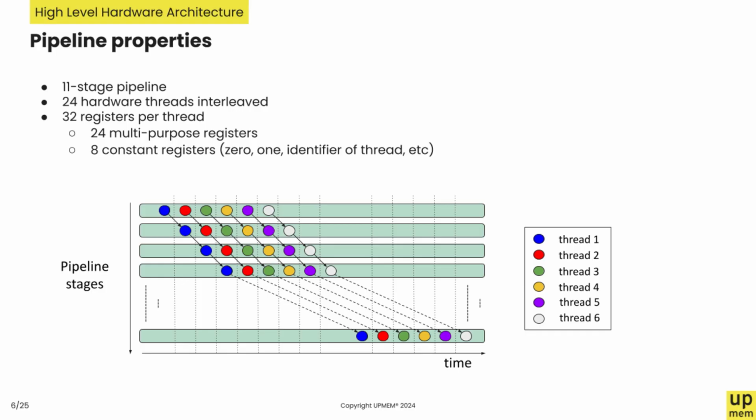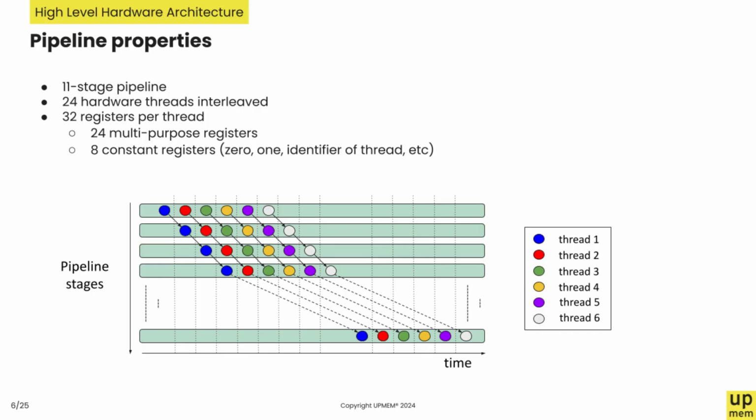And because it's 11 steps deep, that means you effectively have at most 11 threads running concurrently. And okay, I forgot to change that. I said you can have 24 threads running at the same time. In the new version of the hardware, we limited that to 16, mostly because nobody was using 24. It's still worth it to use a bit more than 11 hardware threads.